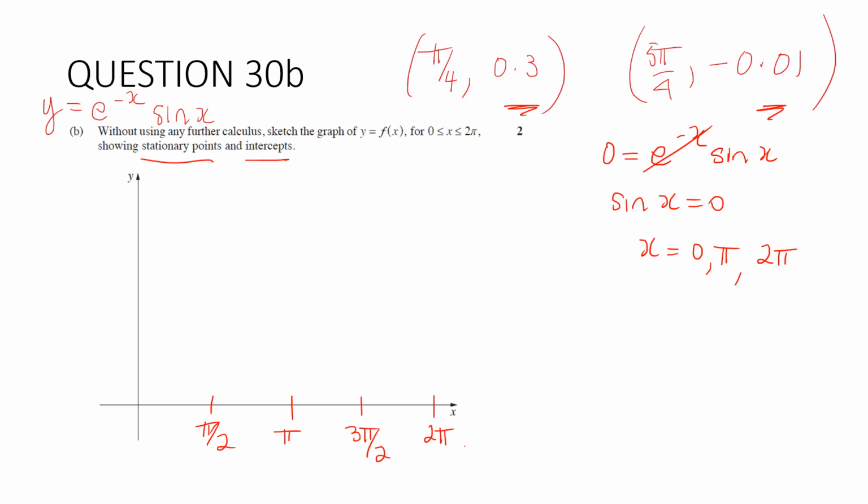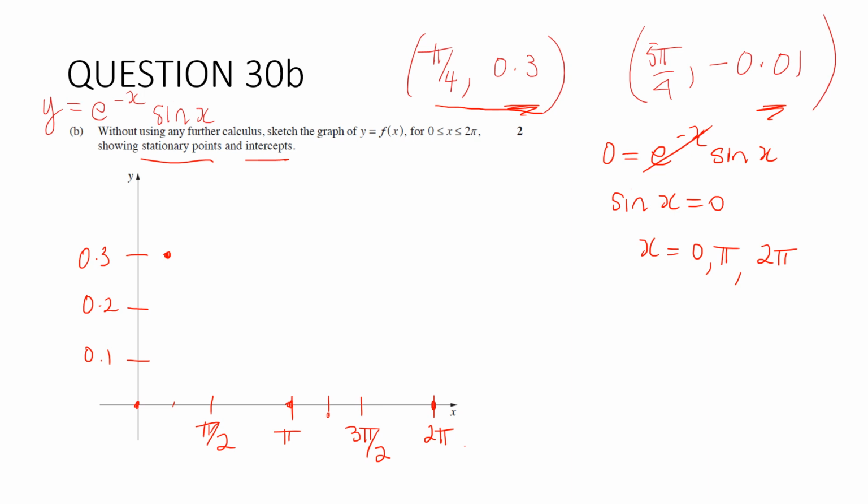Now we know that this curve is going to go through 0, pi, and 2 pi, and we have a turning point at pi on 4, 0.3. So pi on 4 is there. Let's go up by tenths. So we're going to have a maximum here. Then 5 pi on 4, that's in here, and it's just below the x-axis.